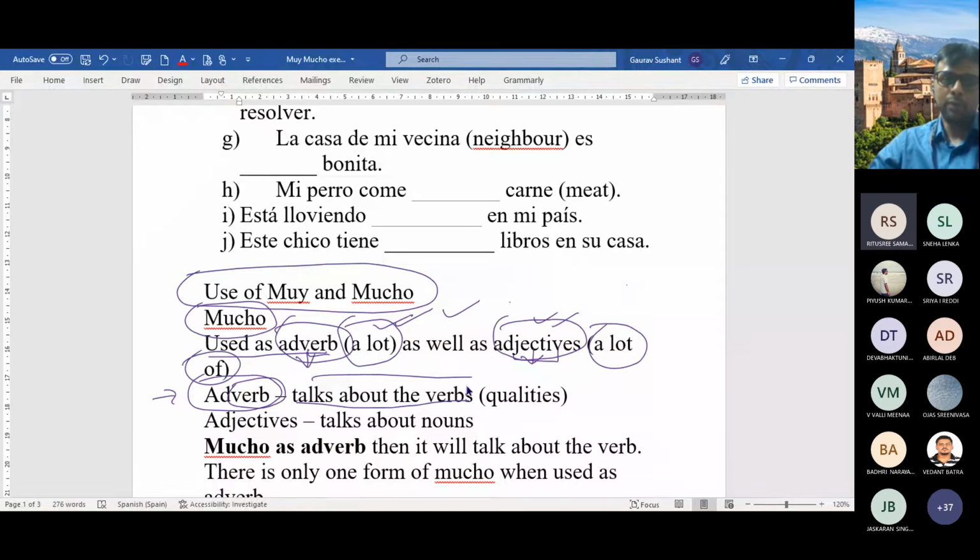So adverb will be related to the verbs. Adjectives will talk about nouns always. So when you are using mucho as an adverb or as an adjective, you have to see whether it is referring to the respective thing. If it is used as an adverb, it should refer to the verb. And if you are using it as an adjective, it should refer to the noun.